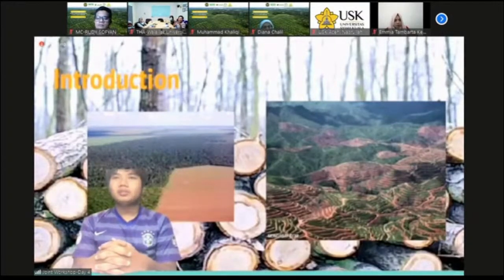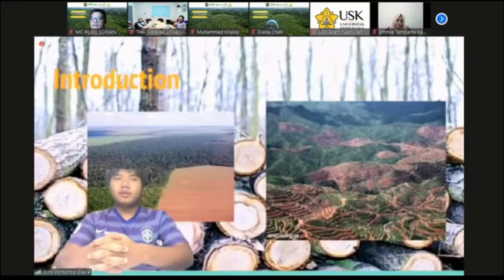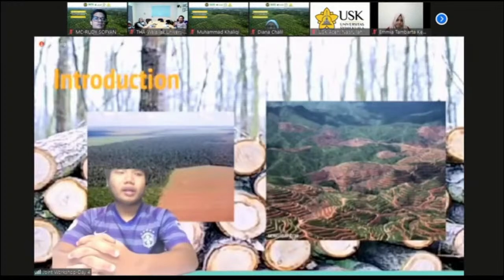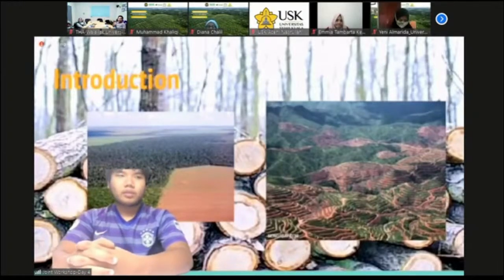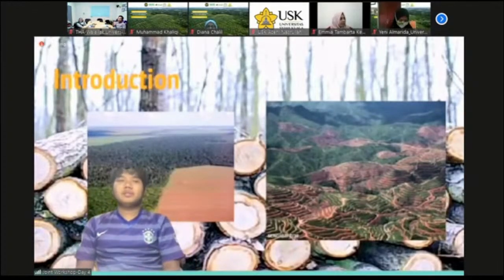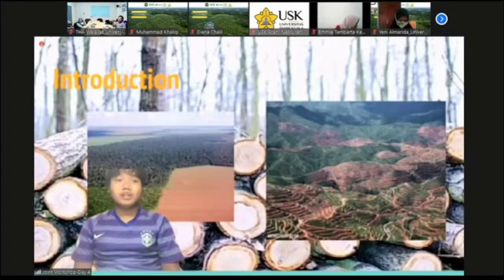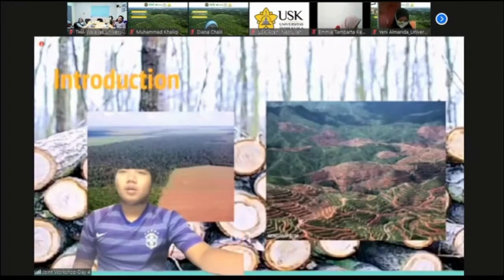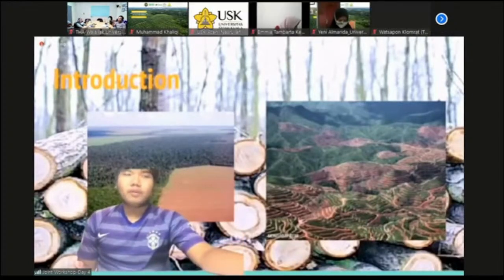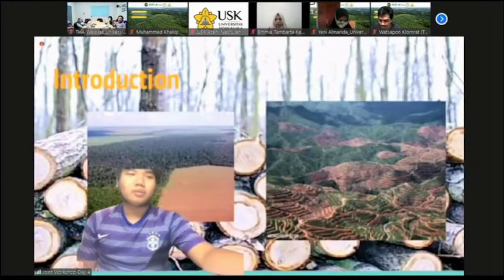Throughout history and into modern times, forests have been razed to make space for agriculture and animal grazing, and to obtain wood for fuel, manufacturing, and construction. Deforestation has greatly altered landscapes around the world.